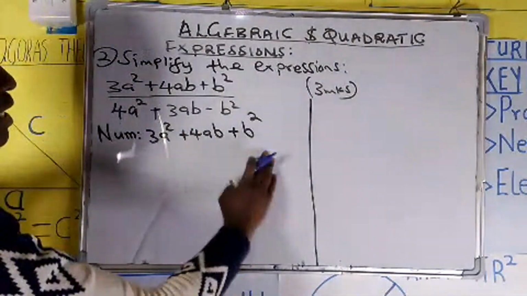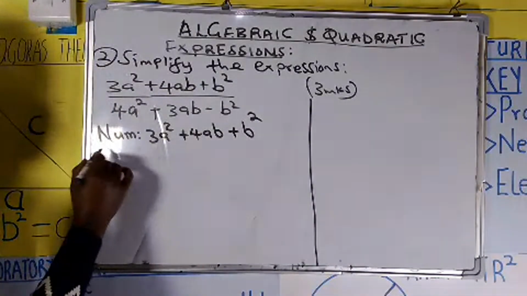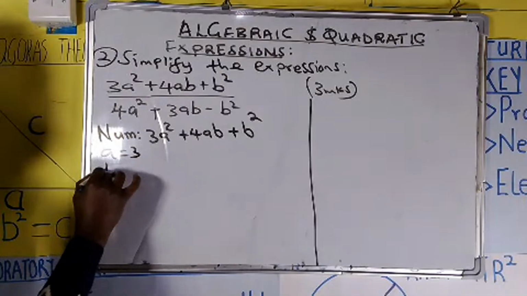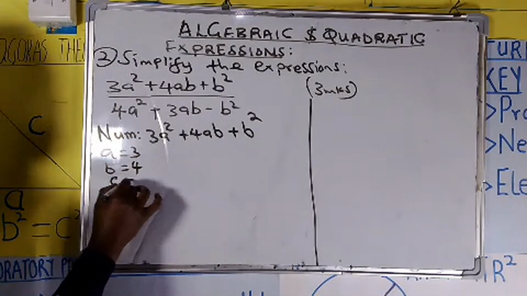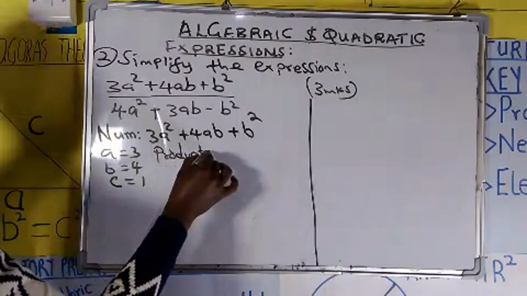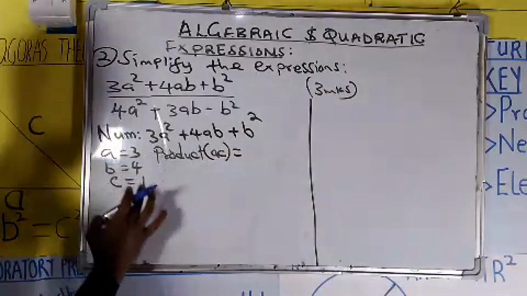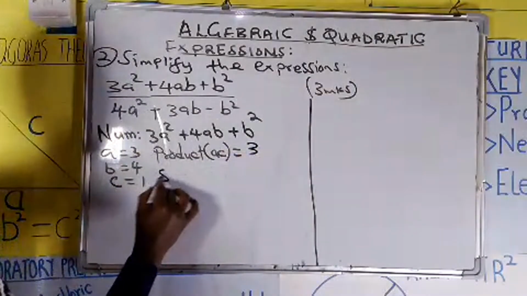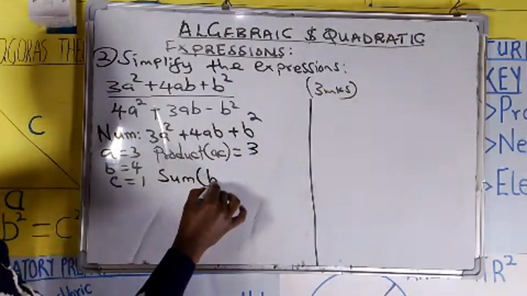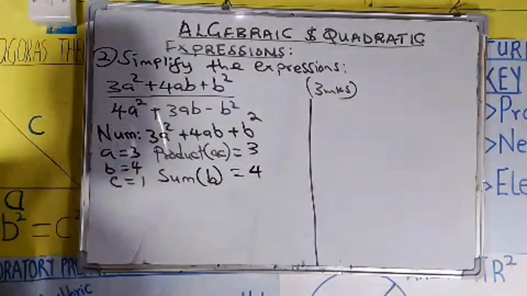We said we are using quadratic factorization to simplify. So we have our a as 3, our b is 4, and our c is 1. Our product is AC, which is 3 times 1, so it is 3. Our sum is B, which is 4.